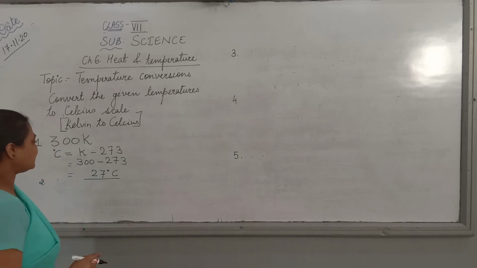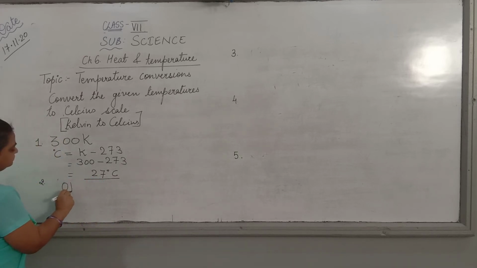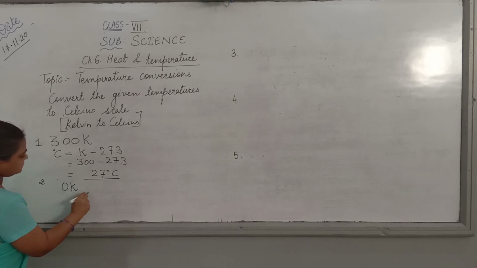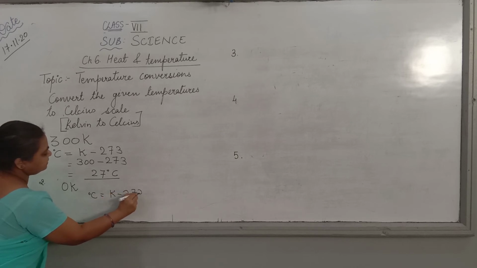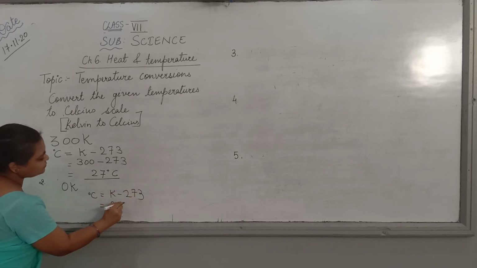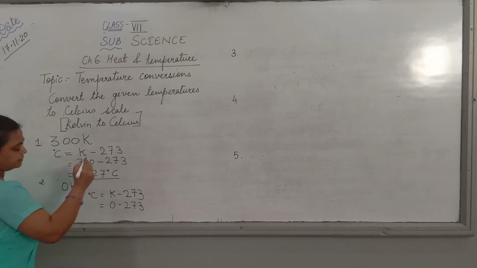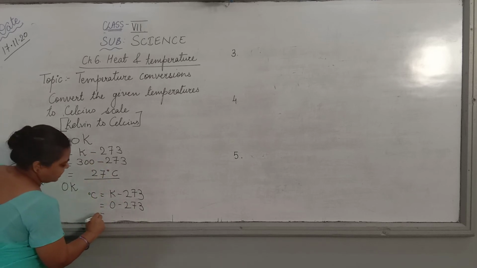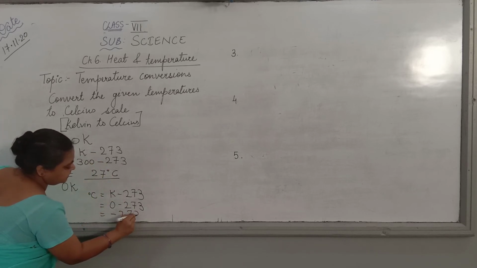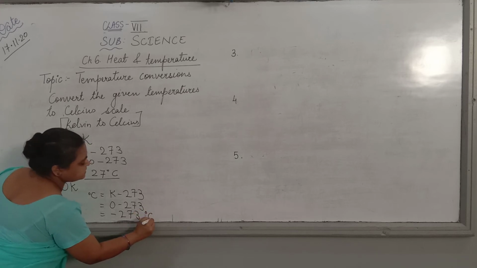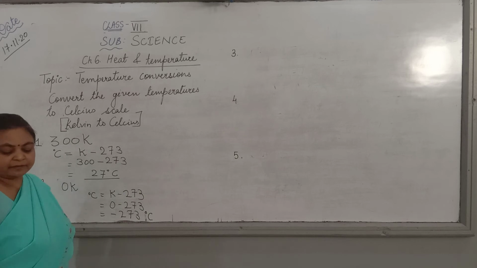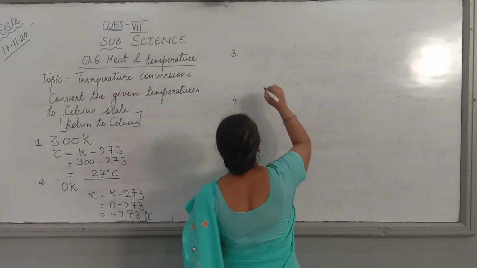Let's take another example, 0 Kelvin. So, degree Celsius is equal to K minus 273 and 0 minus 273. What will be the answer? Minus 273, right? Degree Celsius. The next is 800 Kelvin.